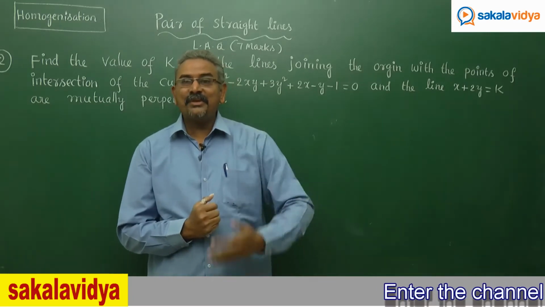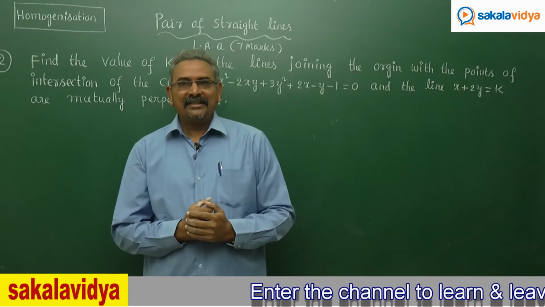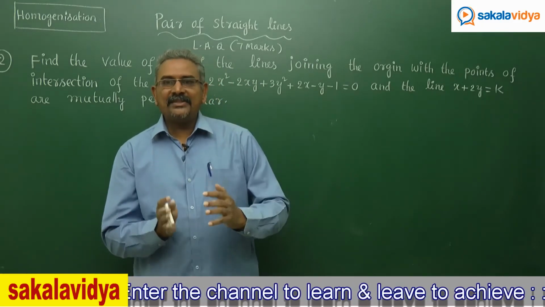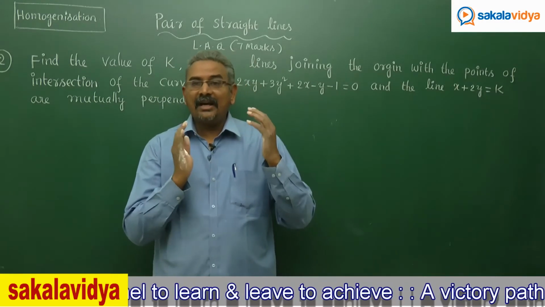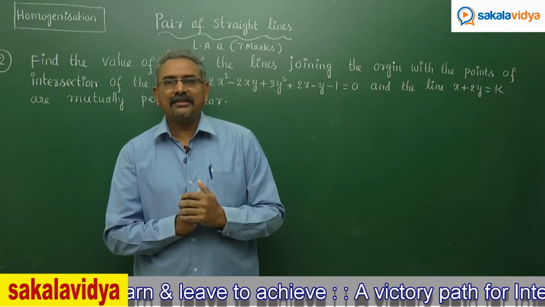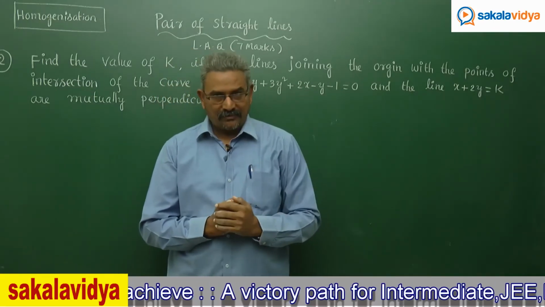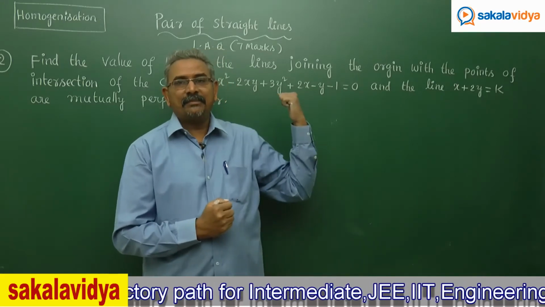A represents the coefficient of x square, am I correct? B represents the coefficient of y square. So if the two lines are mutually perpendicular, one important case arises: coefficient of x square plus coefficient of y square is equal to 0. With the help of this concept, this problem can be cracked.